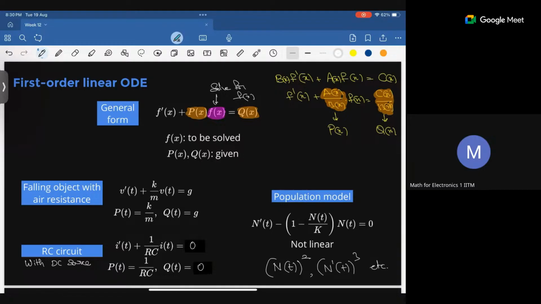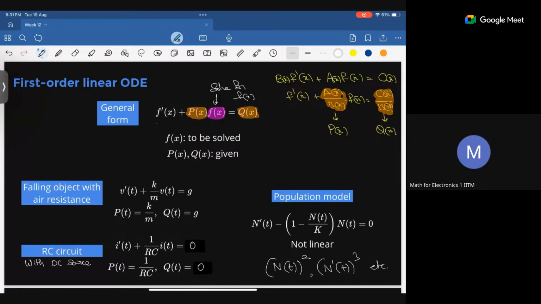By degree 1, I mean that any function or any derivative of that function you take will be of power 1. There will not be any squares or cubes coming into the picture.